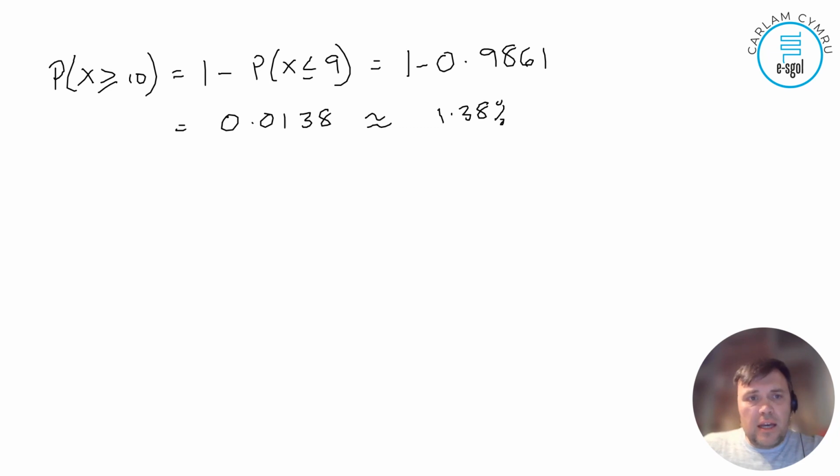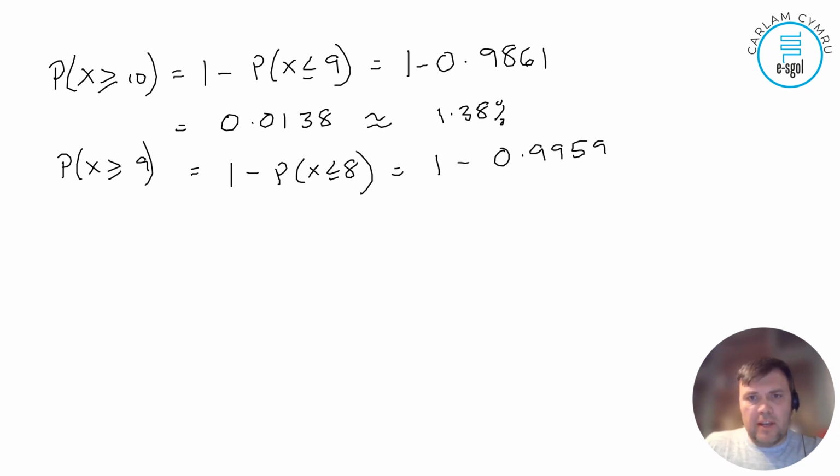So at P(X greater than or equal to 9), we would do 1 minus P(X less than or equal to 8), which is 1 minus 0.99591. I'll show you how you do these calculations shortly, and that is 0.0409, which is approximately 4%.